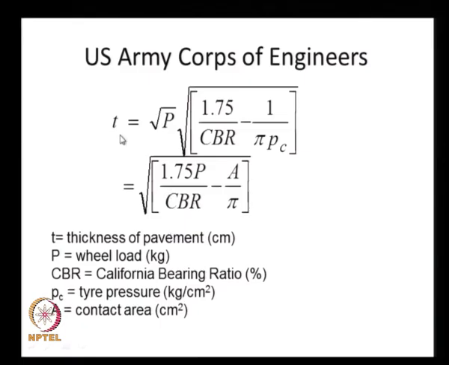And we see that the thickness of the pavement is very much dependent on the load that is coming from the wheels, and then the CBR value, and then the distribution area, the tire contact area.